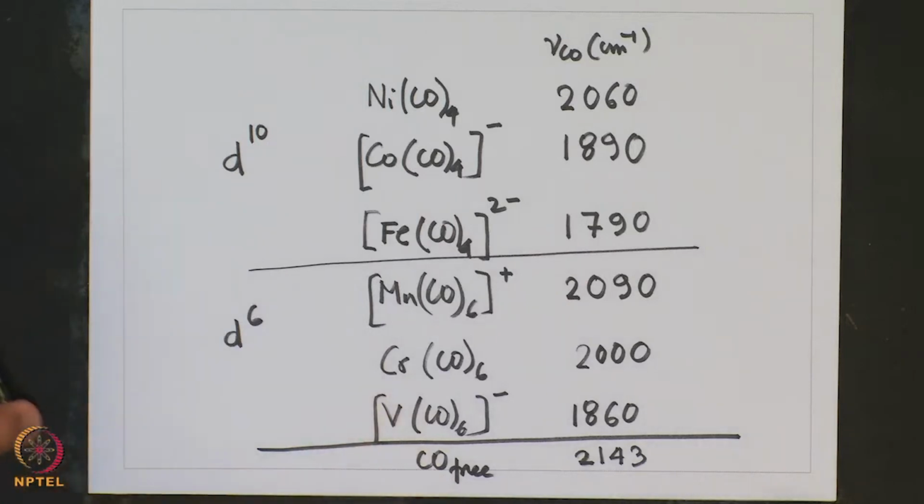So, with this, let me summarize the development which has been spoken about in today's lecture. We have looked at various kinds of binding modes of carbonyls to metals, and we saw that the interaction of the frontier atomic orbitals of the metal plays a key role in understanding metal carbonyl binding.